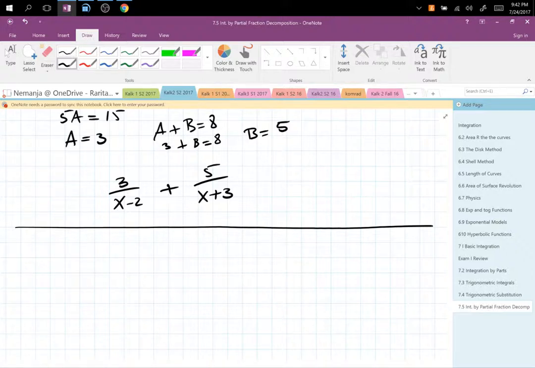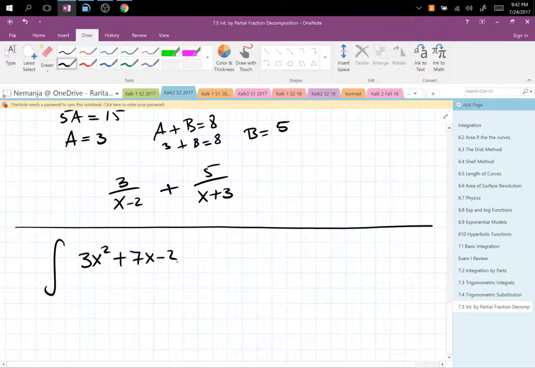Okay. So here is the first example that we are going to integrate. We have time, I hope. 3x squared plus 7x minus 2.